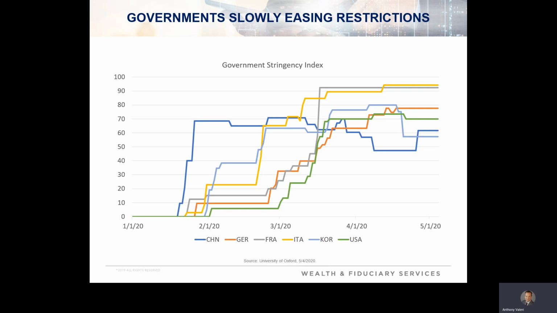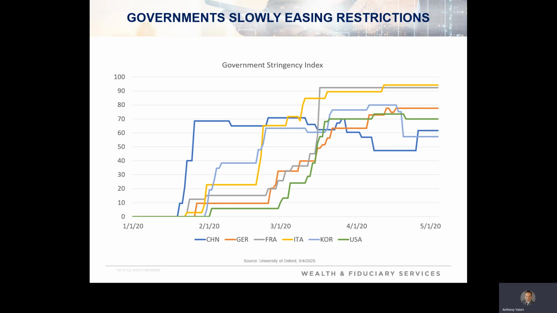The dark blue line is China. You can see how they've gradually eased with a slight uptick lately as some cases resurged. Germany has flattened out, but that country too has eased restrictions starting last week. The green line is the US, and it's been coming down a little as of late, just showing that some states have begun to ease restrictions.